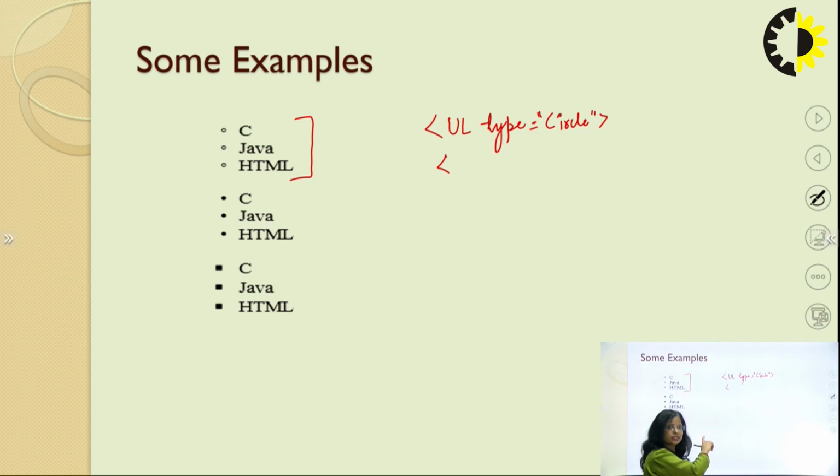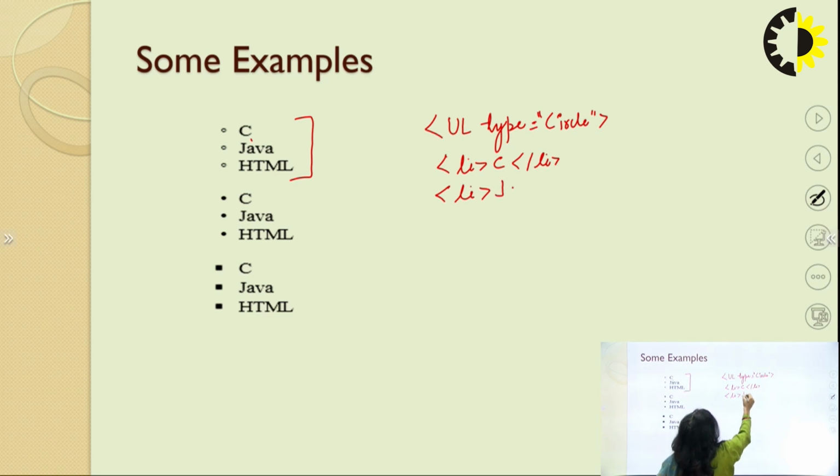This is the unordered list, and the bullet used for this unordered list is circle. So, the list item li tag you must use for adding an element to the unordered list. So, li, first element is C. Second element is li Java. Next element is li HTML.